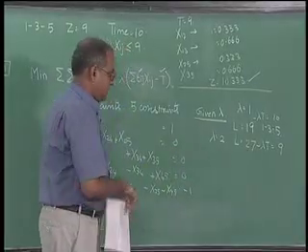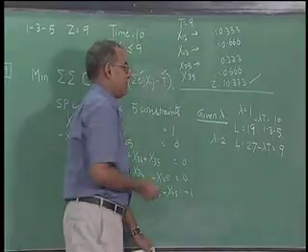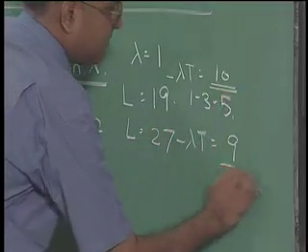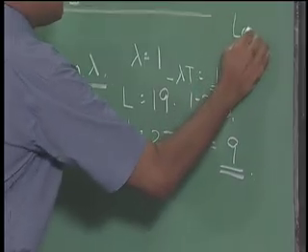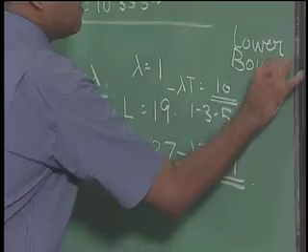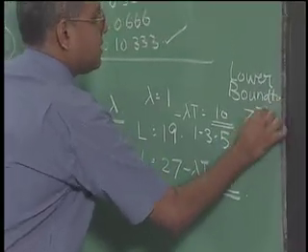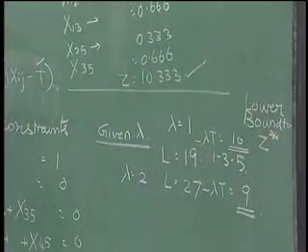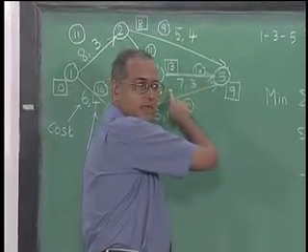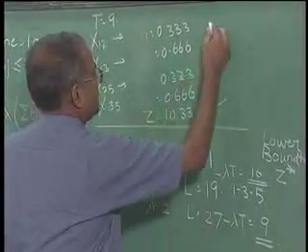Now it's possible to show that for every value of lambda, this value that we get here is actually a lower bound to z star, where z star is the objective function value of the constrained shortest path problem. This is the LP relaxation of the constrained shortest path problem.